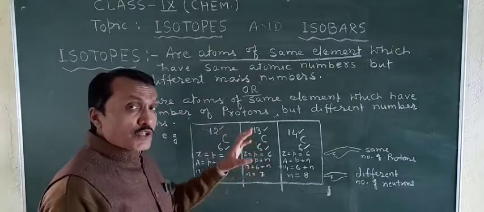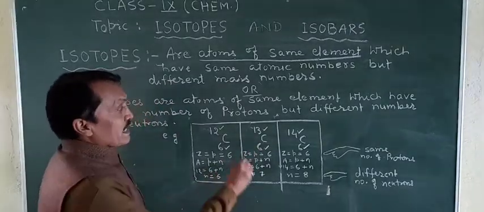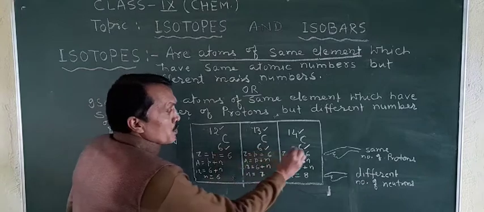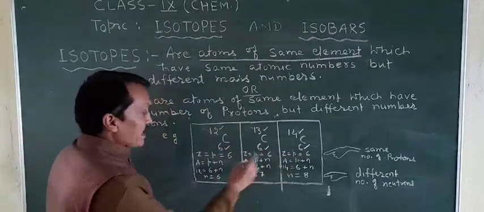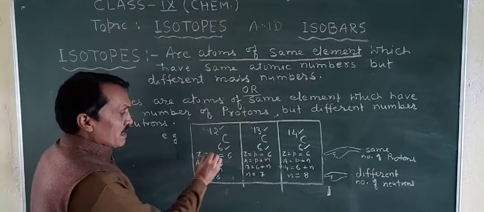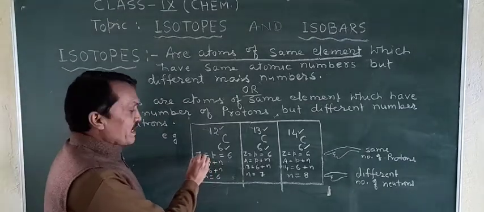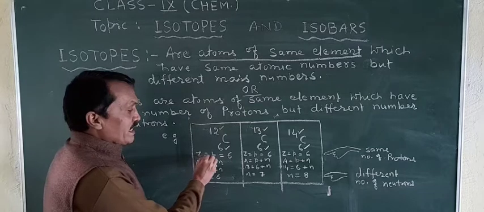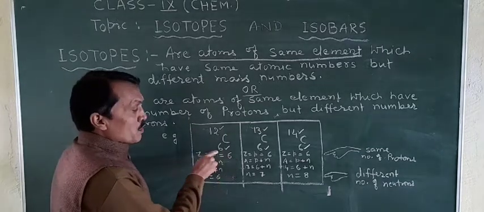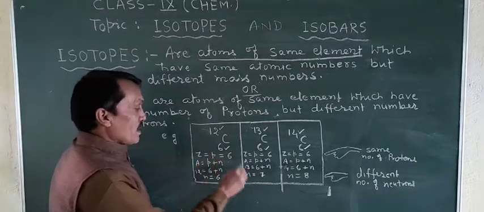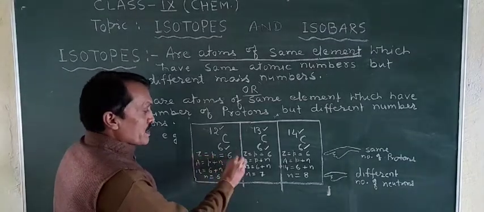Also you can say the number of protons in all these three is the same. Here I have shown Z, which is atomic number. You know Z is equal to P, and this is equal to 6 here. So Z equals 6.